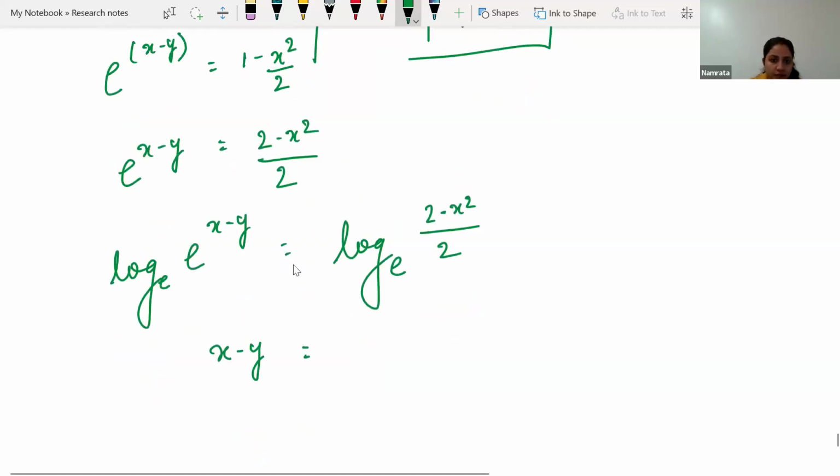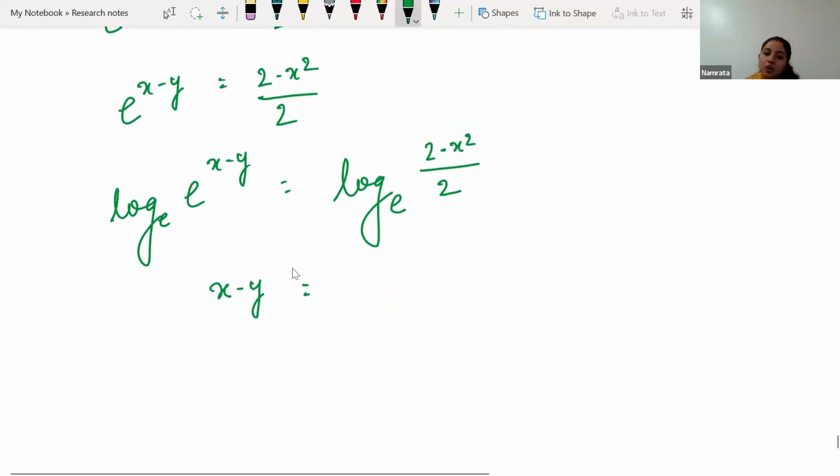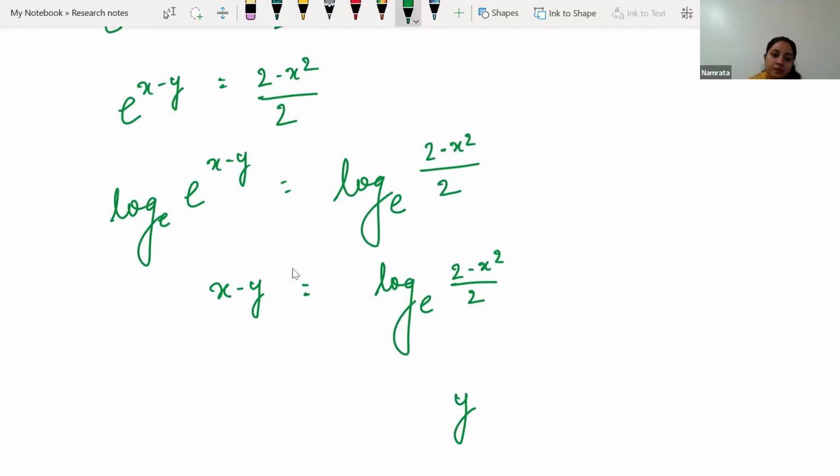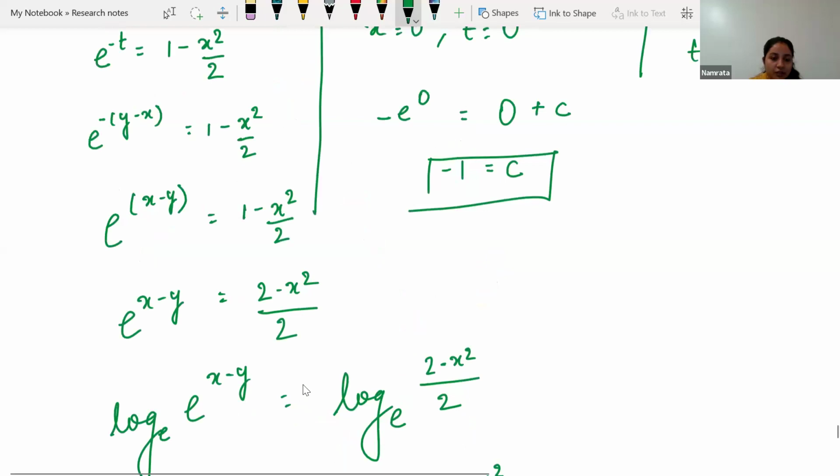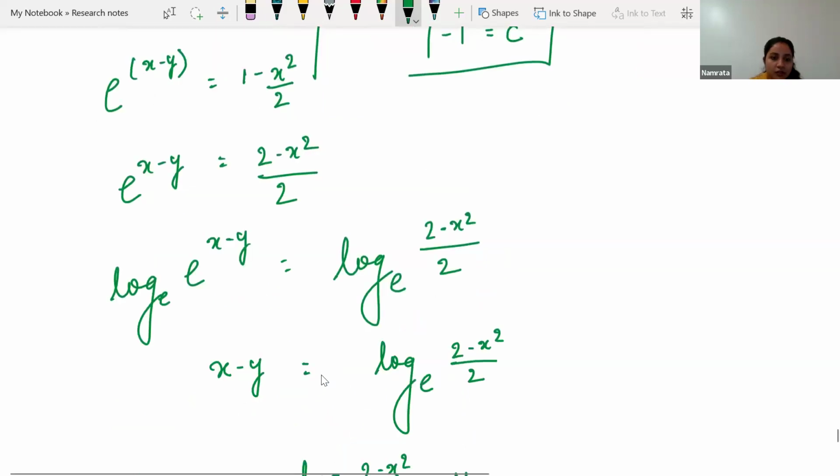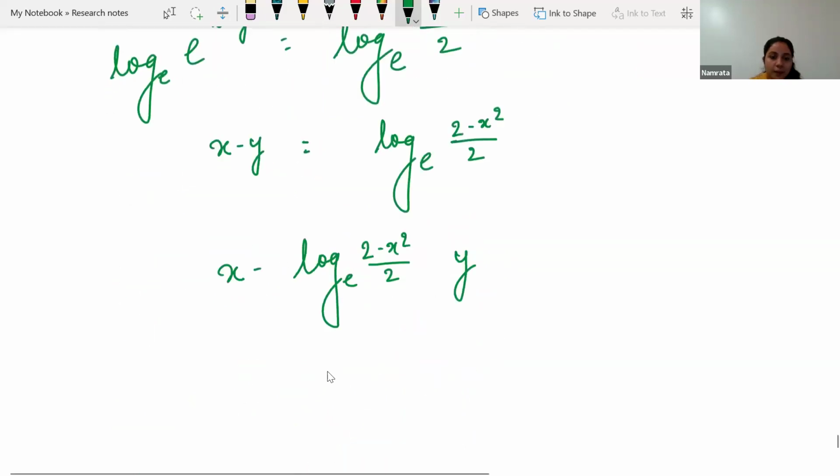Let me check whether this way it will work or not. So log base e of 2 minus x square by 2, and this y will be x minus log base e of 2 minus x square by 2. This is what we are having as y.